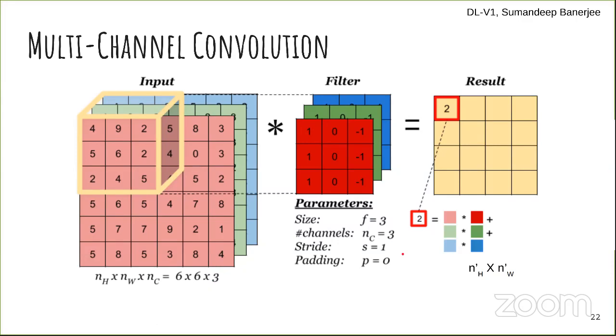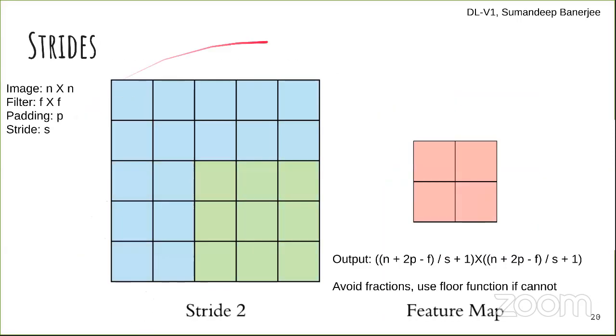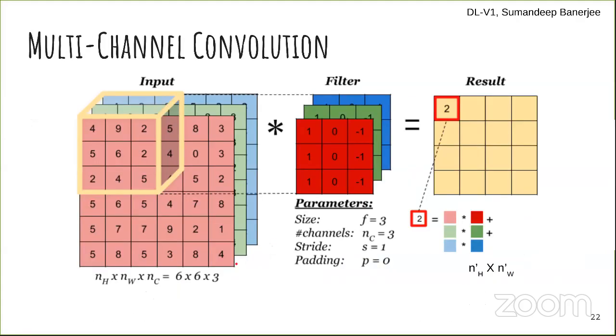Okay, so we'll move on to the critical concepts before we introduce convolution neural network. One of the concepts is multi-channel convolution. That means that previously we just saw the input image as one 2D array of values. But when we have color images, there are three different layers of an image, that is RGB, right?